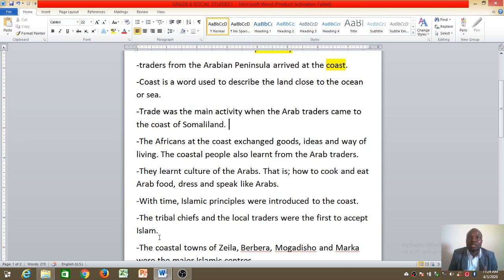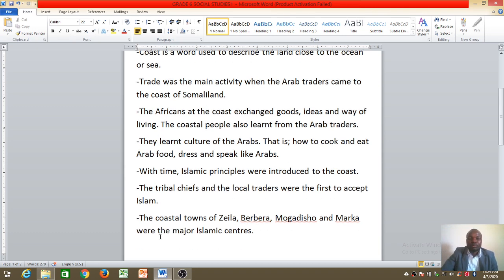When they say something, it means that thing is for the whole family. So the leaders accepted Islam and everybody now had to accept. The local coastal towns of Zeila, Berbera, Mogadishu, and Marka were the major Islamic centers.